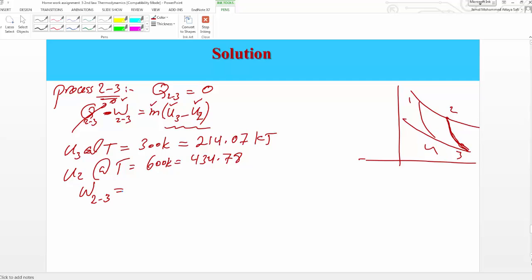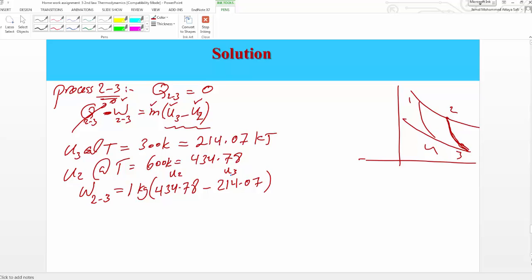And now I can calculate the work as 1 kilogram multiplied by 434.78, which is U2, minus 214.07, and this is U3.